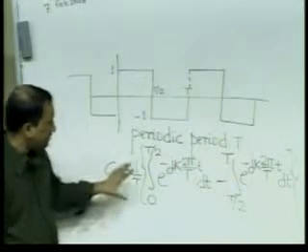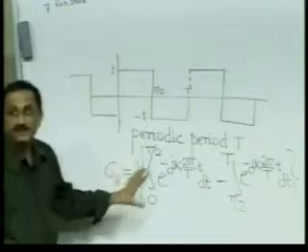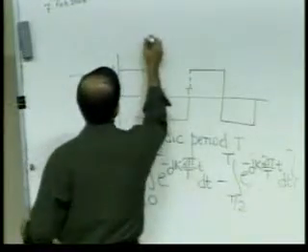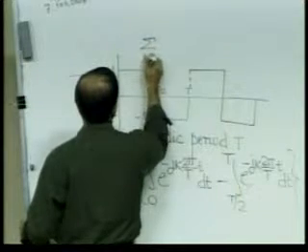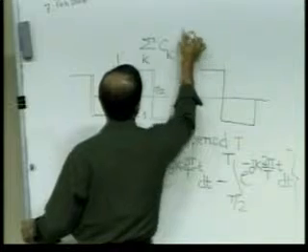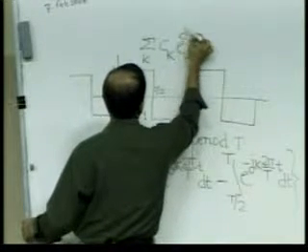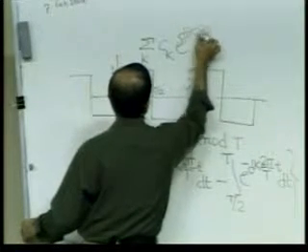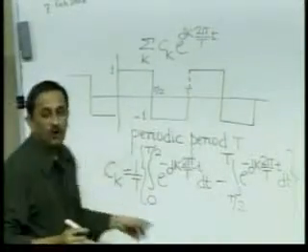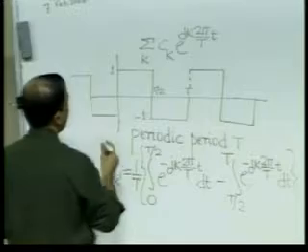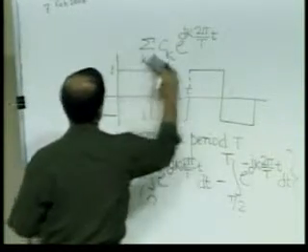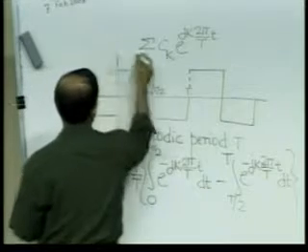But the point is, you may now consider the inverse. So we may write down the series summation on k, C_k e raised to the power j k 2 pi by T times t. k runs over all the integers, so k runs from minus infinity to plus infinity.